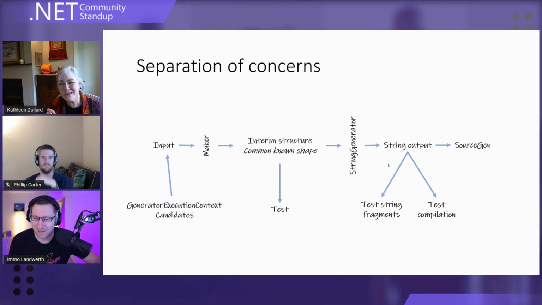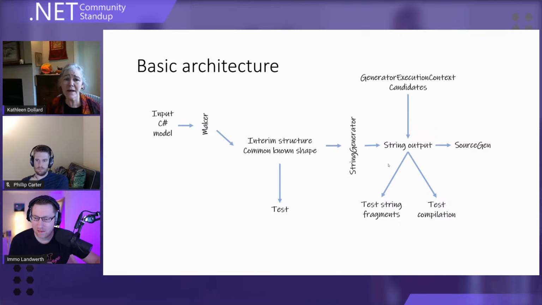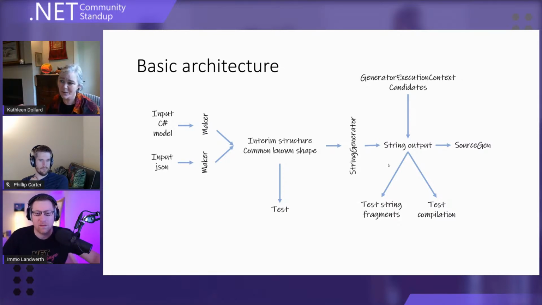I have one more really quick thing to show, which is that for us, there's another wrinkle to this story: the input may not just be a C# model. The C# model we would bring in as a syntax tree, which we can create and go from there. The other things may be for us as a JSON file. So if you have ever typed dotnet new blah, and then after blah, you add a framework option, okay?